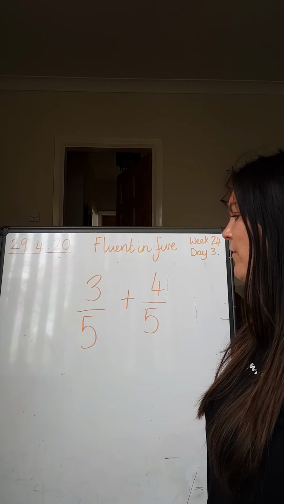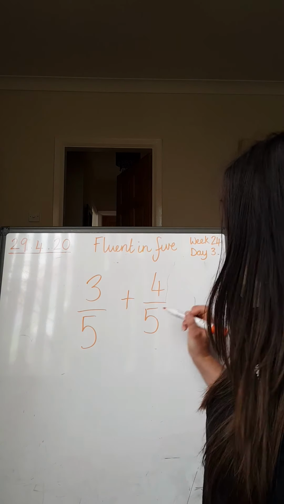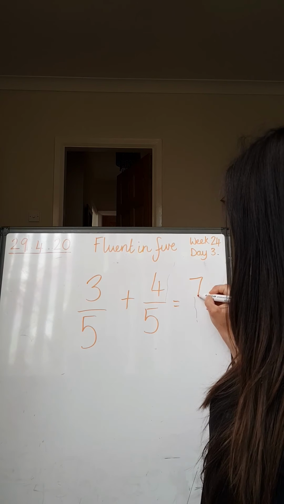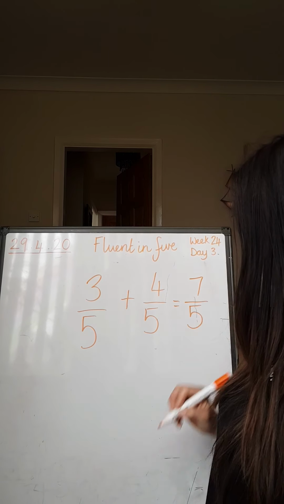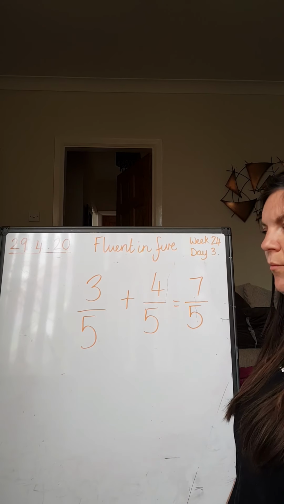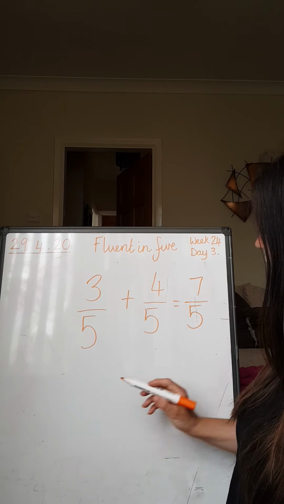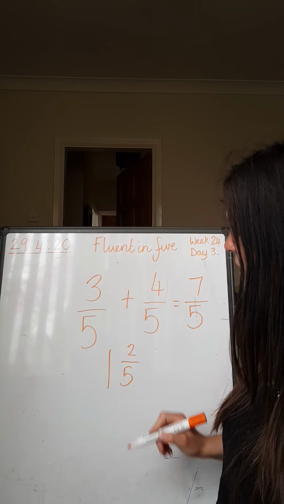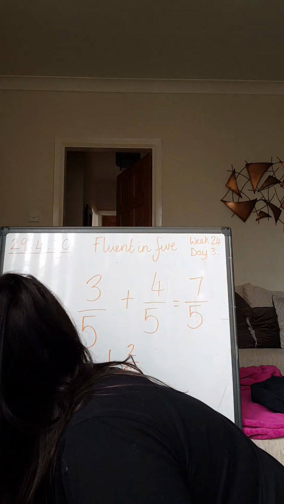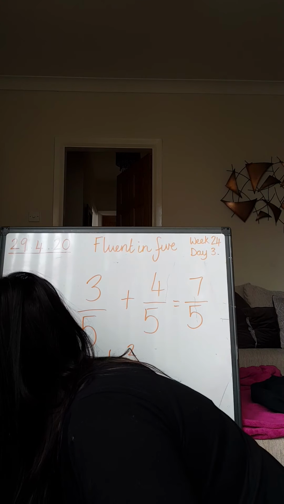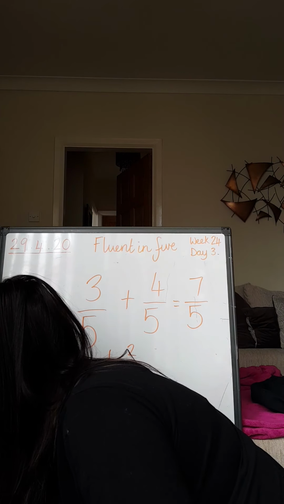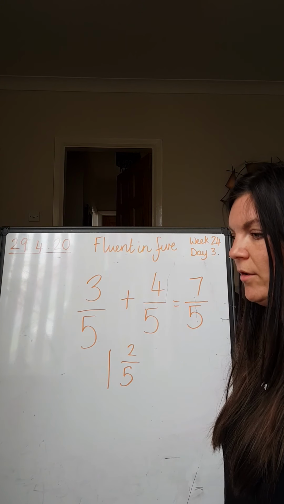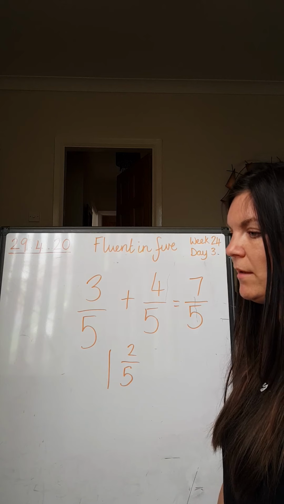It should be 3/5 add 4/5. So let's just add the top: 4, 5, 6, 7. We've got 7/5 there. And that's an improper fraction. So how many 5s can I fit into 7? 1. And then there are 2/5 left over, which was the same as yesterday's maths, wasn't it? So let me just double check with the answer. Oh, they have it a bit messed up on the Fluent in 5 this week.